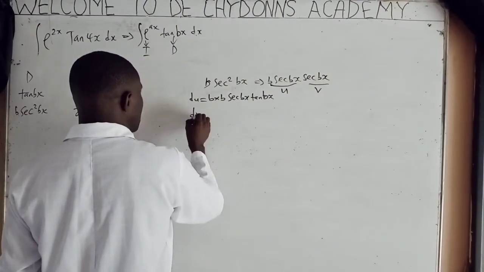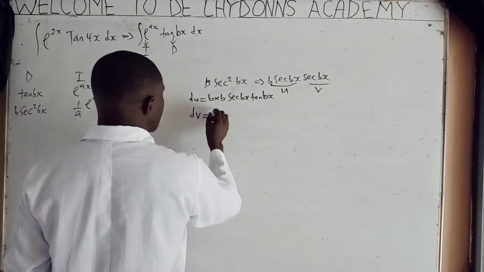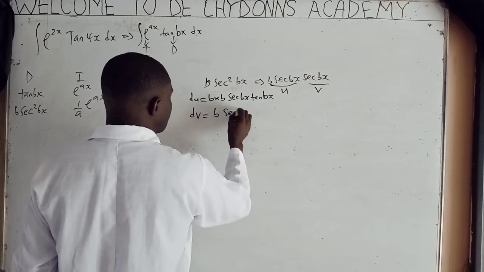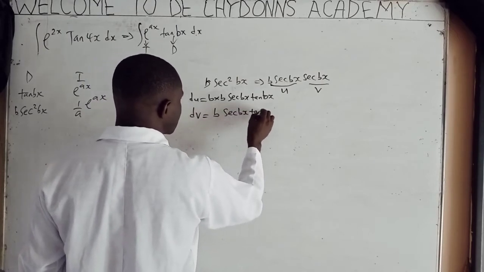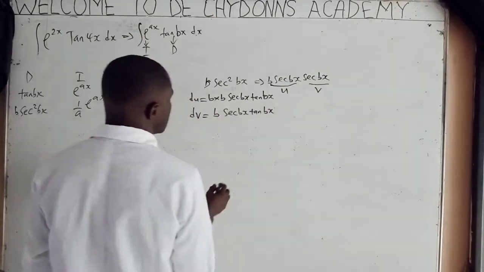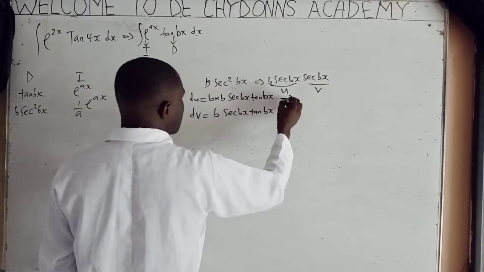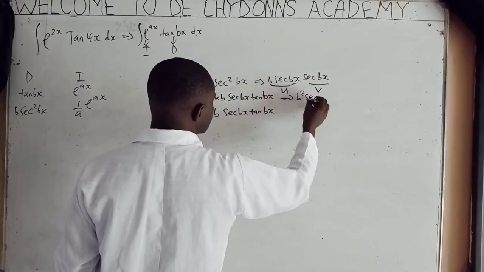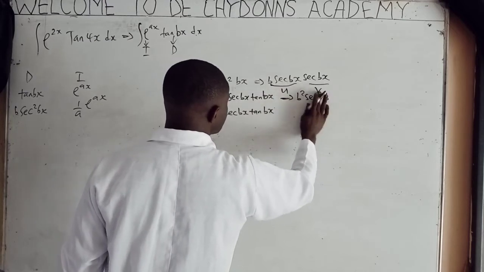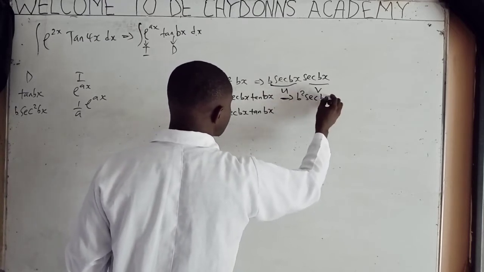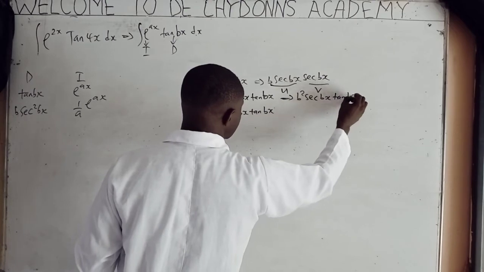Then differentiate v, that will be b sec bx tan bx. Then this will be giving you b square sec square bx, and b square sec bx tan bx.